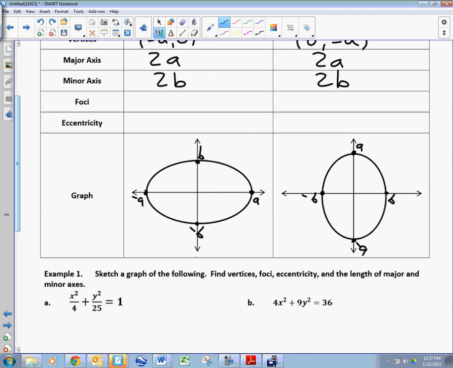Foci. Foci sit in the middle. So foci here, F. Foci here, F. And they sit c units from the center. F1, F2, it doesn't matter. You call it whatever you want. Call it Mason for all I care.